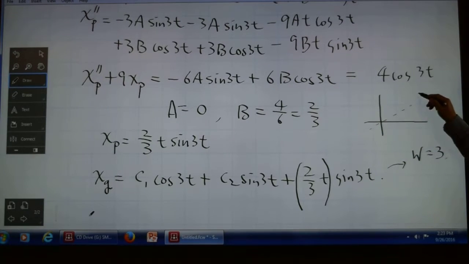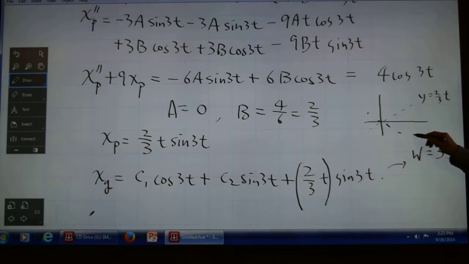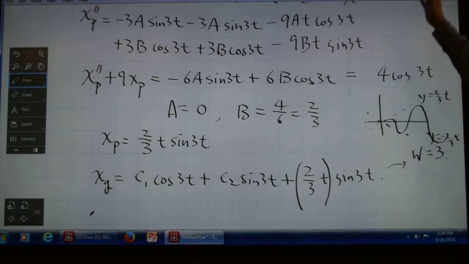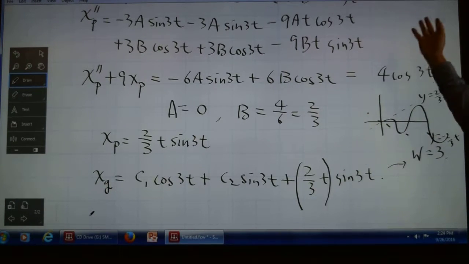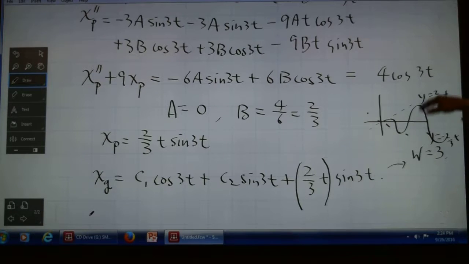Here's the y goes to 2/3 t, and here's y goes to negative 2/3 t. And the graph will be like, just like that, okay? So when it's just going up, fluctuating more wildly and wildly as time goes, what do you call such a thing? Resonance.